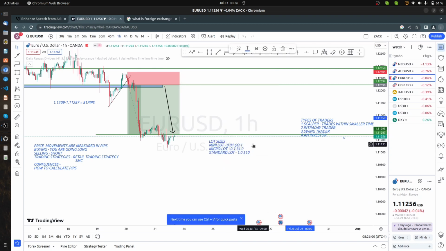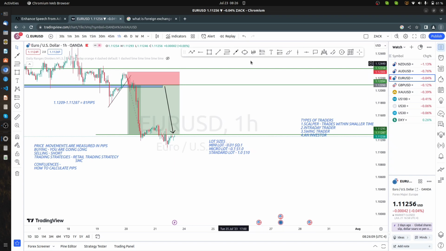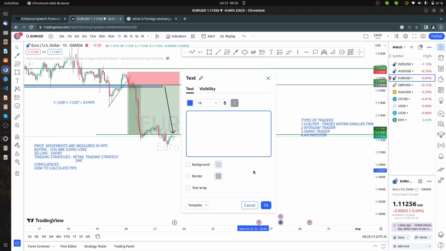On the next video, I'll be covering the types of pairs to trade, the times to trade. Let me just highlight somewhere so I don't forget. I just make this an assignment for myself. So I said next lesson we are going to be looking at what pairs to trade as a beginner.